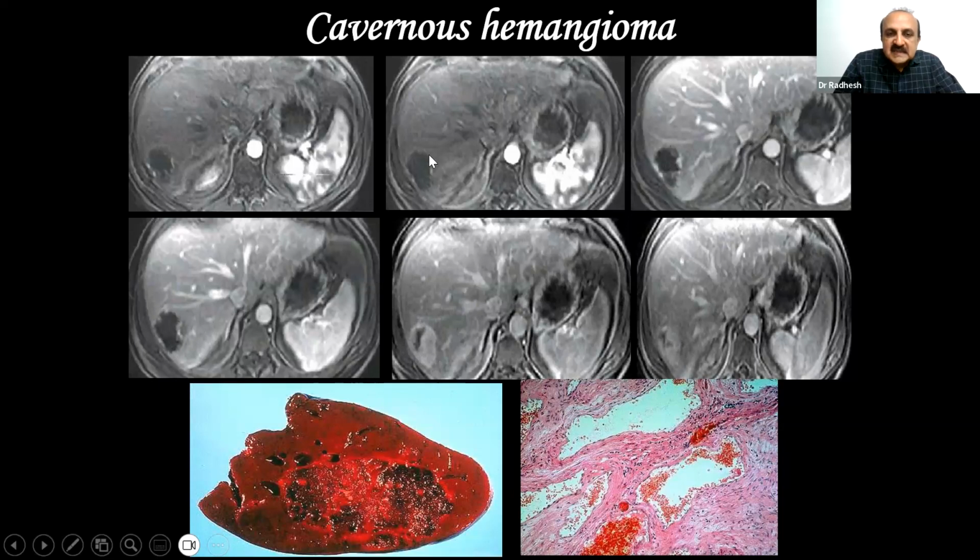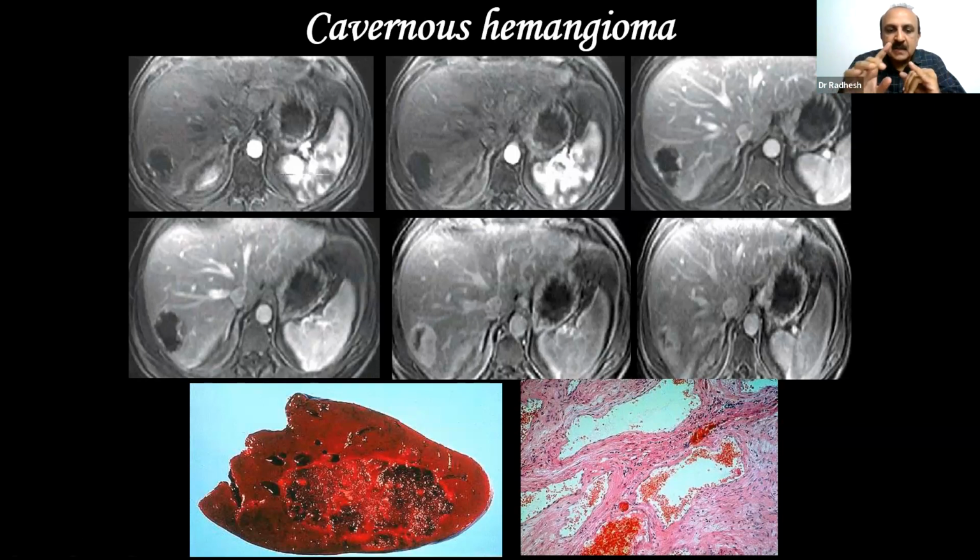So what is the pattern of filling? What do you call this? Whenever you see an image, CT or an MR, if you see this pattern of filling from the periphery towards the center, it is called centripetal filling. So for a hemangioma, this centripetal filling is, you can say, sine qua non of diagnosis.